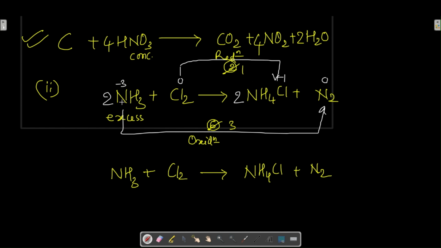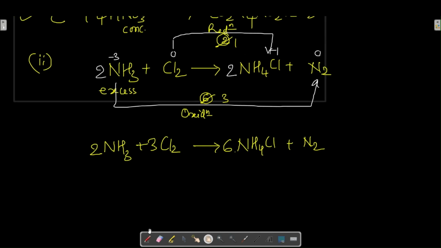Now cross multiplication, NH3 thingy you have to multiply with 1, so keep it. So here initially 2 is there, so write 2. Here NH4, that is also 2 is there, keep it as such. Chlorine you have to multiply with 3, so 3 here. 3 into 2, 6, okay, it is changing now. Nitrogen same, okay.